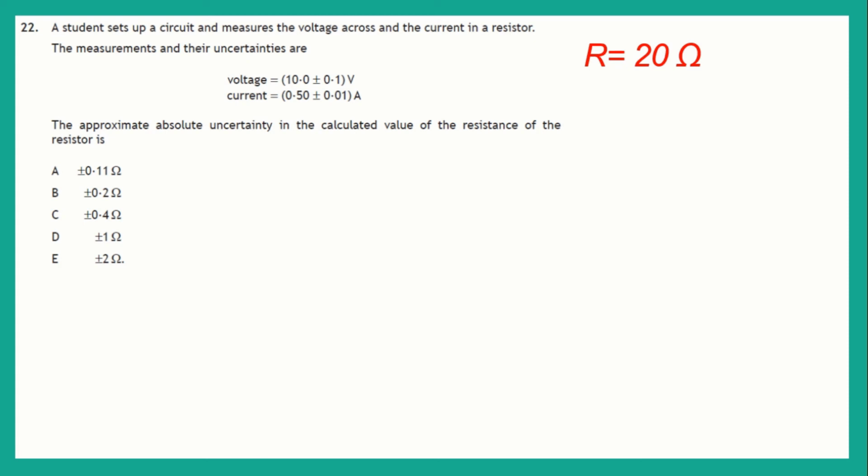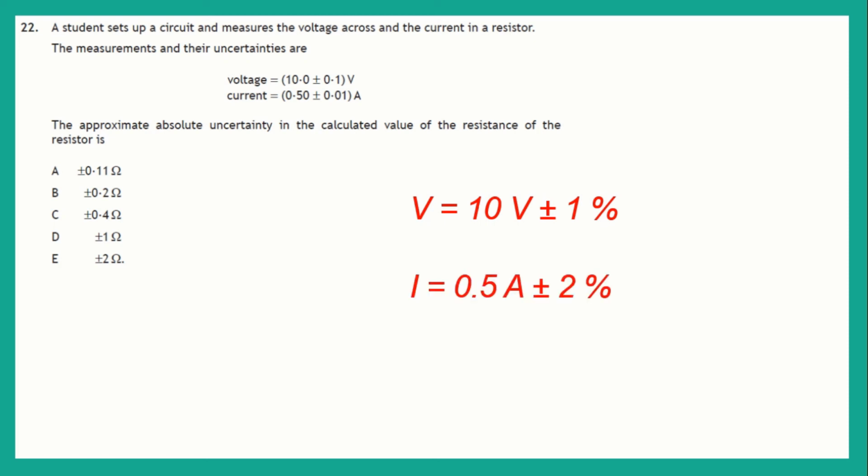To do that, we need to convert into percentage uncertainties first. 0.1 volts as a percentage of 10 volts becomes plus or minus 1%, and 0.01 amps as a percentage of 0.50 amps becomes plus or minus 2%. This means the uncertainty in the current is dominant and is our overall percentage uncertainty, plus or minus 2%.